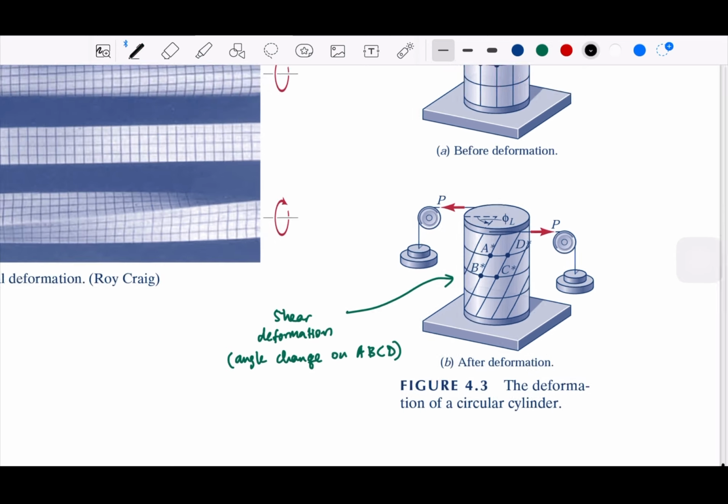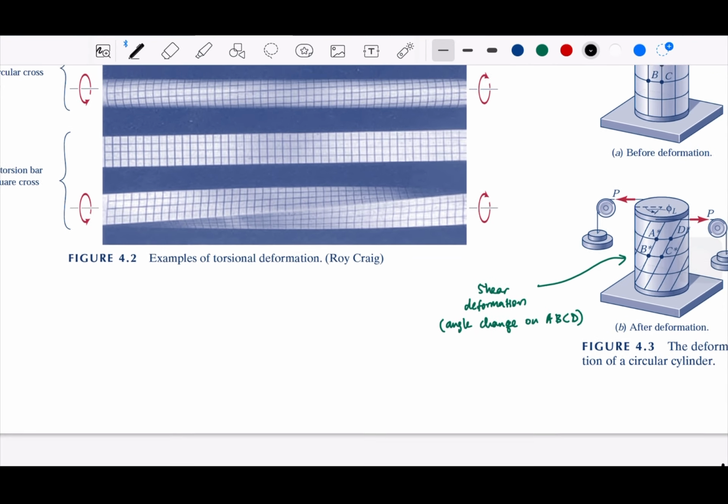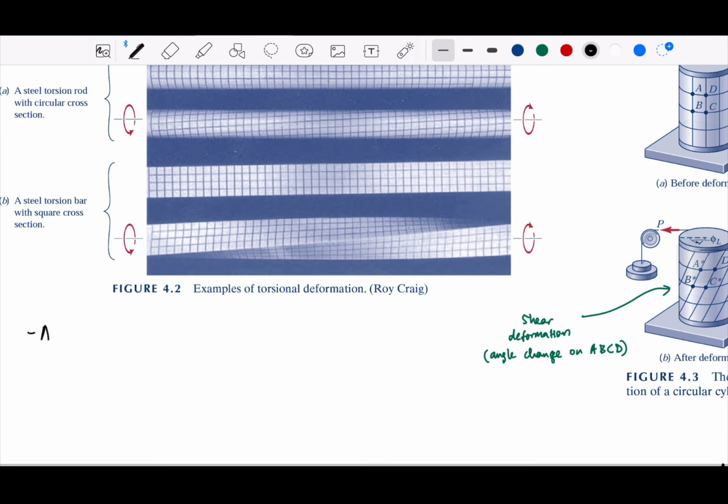Okay, now before we move on, let me write some assumptions or fundamental principles. Assumptions on torsional deformation. The axis remains straight.